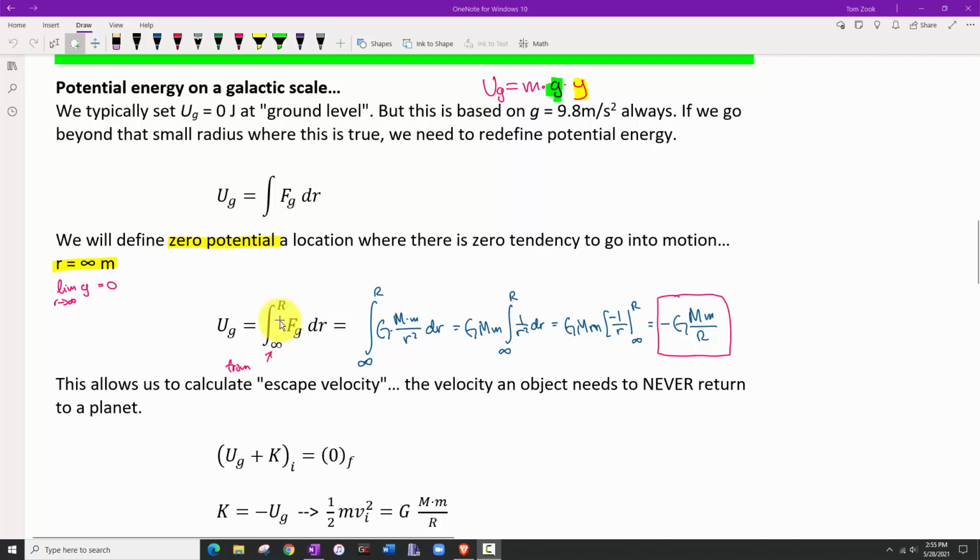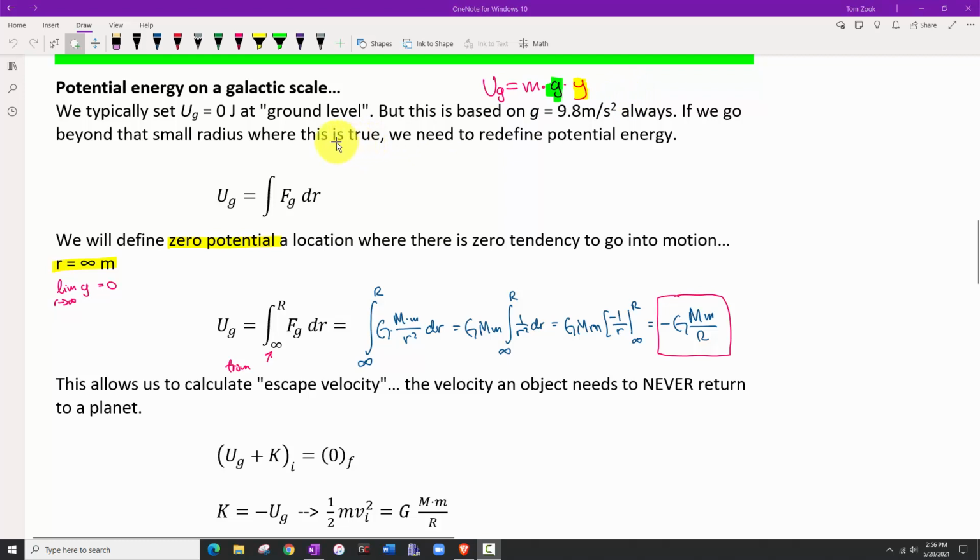And the reason we went in that direction was we were saying we had to set a 0 point. Gravitational potential energy needs a place where we can say there's no energy, no tendency to want to go into motion. And in a typical situation, we just call that ground level. We make the position 0 height, the ground, the tabletop, whatever it is, our lower vertical position.